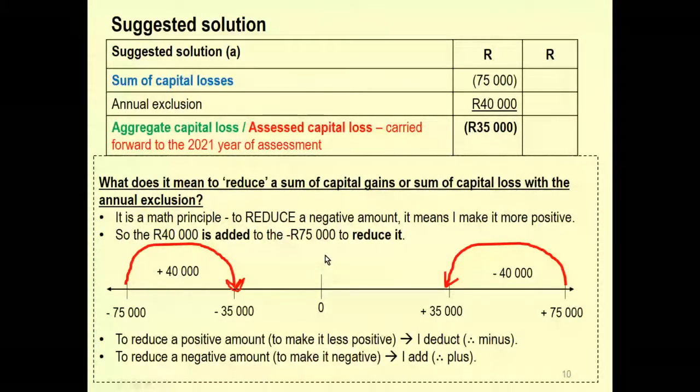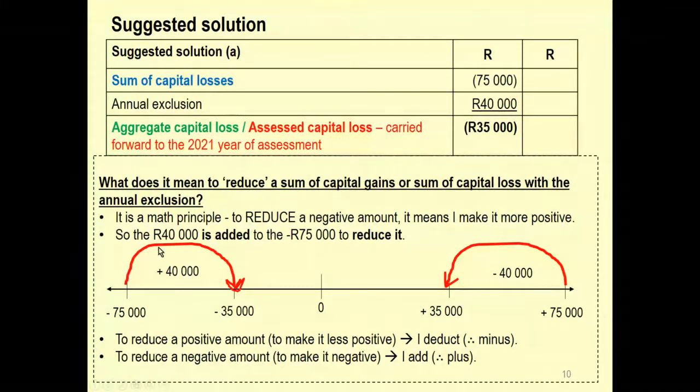So if I have a sum of capital losses of 75,000 Rand, that means I am negative 75,000, right? To reduce a negative number, I have to take it closer towards 0. And how do I reduce a negative number? I add to it. So to reduce that 75,000 Rand capital loss, I have to add 40,000 Rand to it.